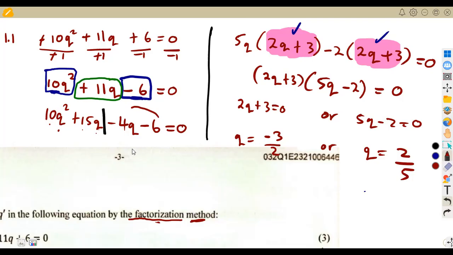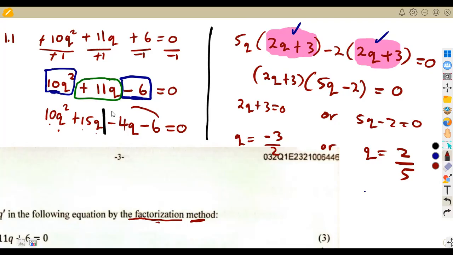So as you can see, in our factorization method, there are so many ways of factorizing, or so many ways to get the first factors that you're going to consider, depending on how you work out your factorization. All right, so it can also be a trial and error thing. When I'm saying trial and error, it is that you understand the concept of your factorization, how it is supposed to be.